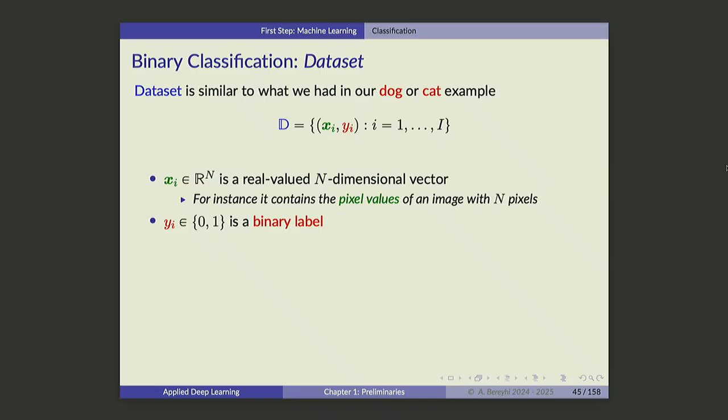If you have 100 by 100, it's going to be 10,000, and so on. And if you think about today's images, this n could be crazy large. That's X, and Y is the label. This is a binary label. It's either 0 or 1: cat or dog, car or plane, something like that.